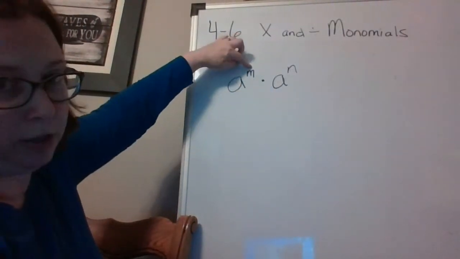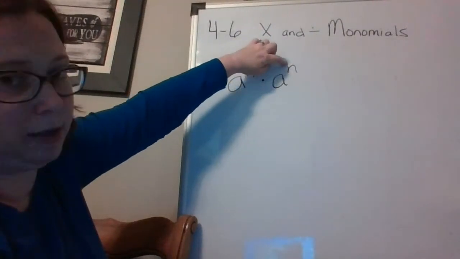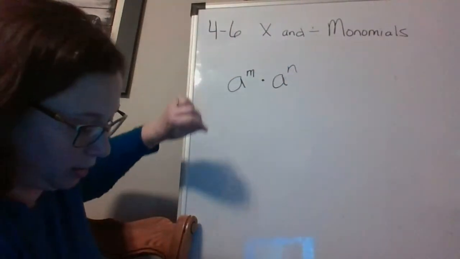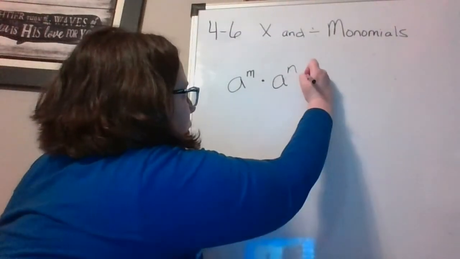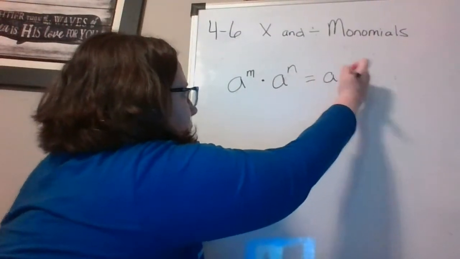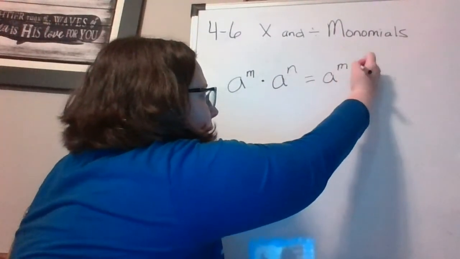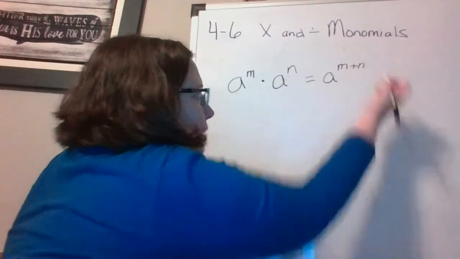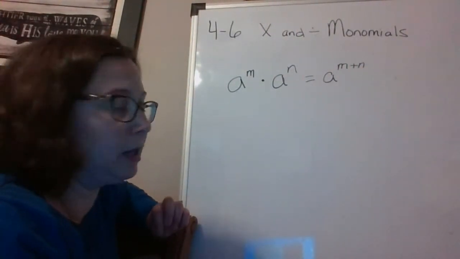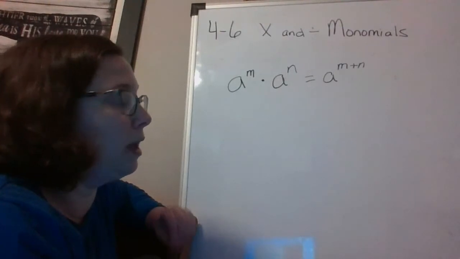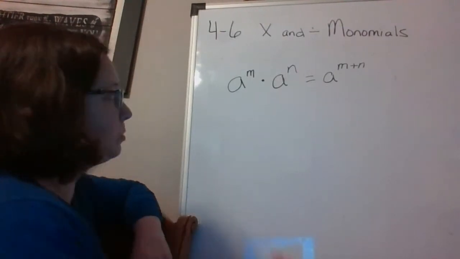Our exponent here is m, and our exponent here is n. What actually happens is you're going to keep the same base, that's not going to change. And you're going to take your two exponents and add them together. So you end up with the same base being taken to m plus n for your exponent.